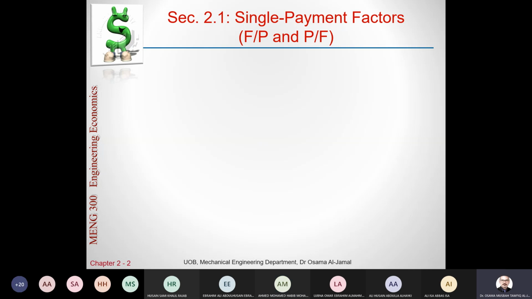So let's start with the first, which is the single payment factor. Single payment factor, F given P and P given F. Exactly like what we did in the previous chapter to find a single payment.